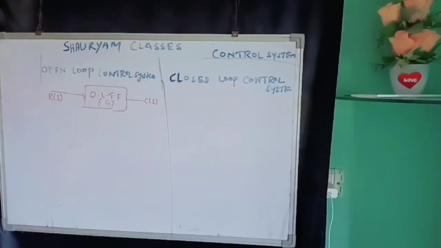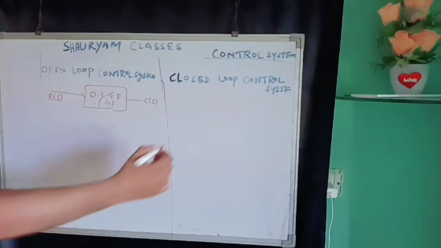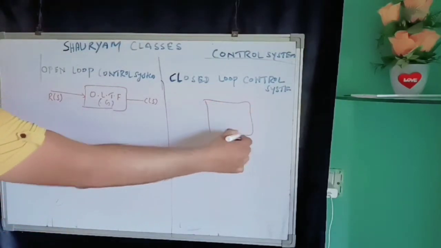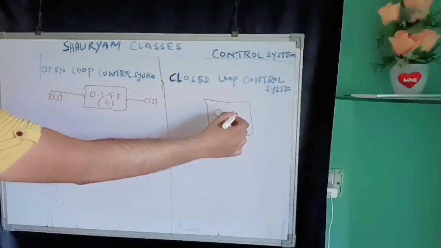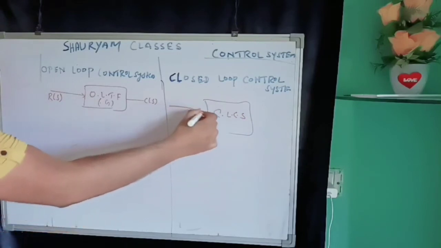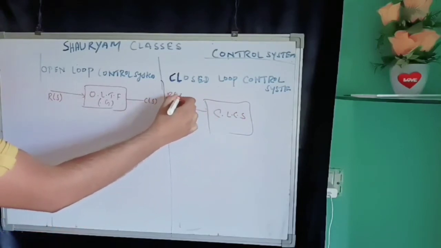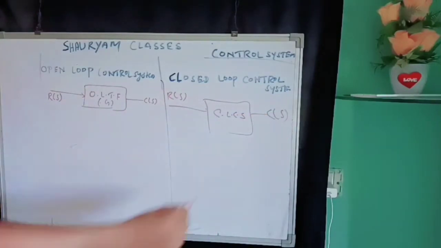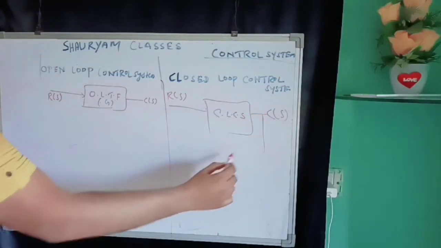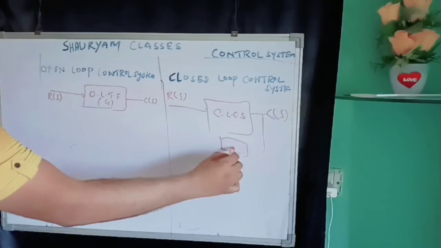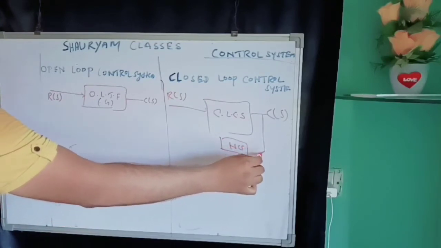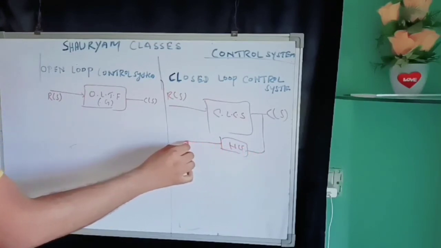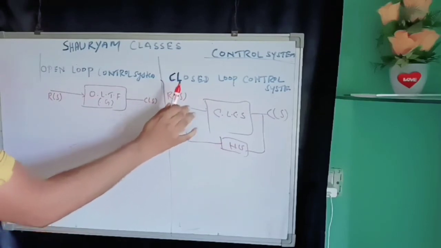But in case of closed loop control system, input and output, and there is one feedback from output given to input.